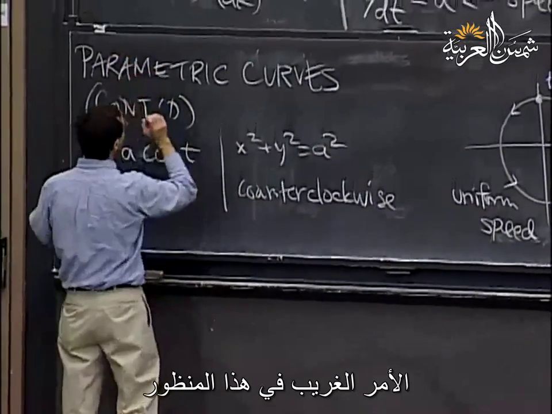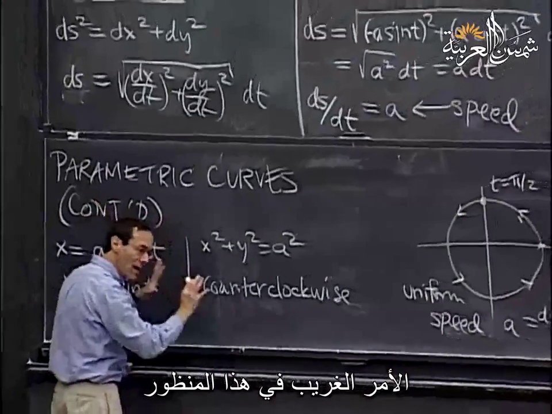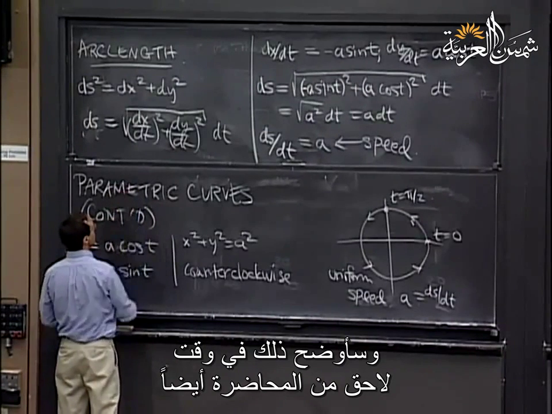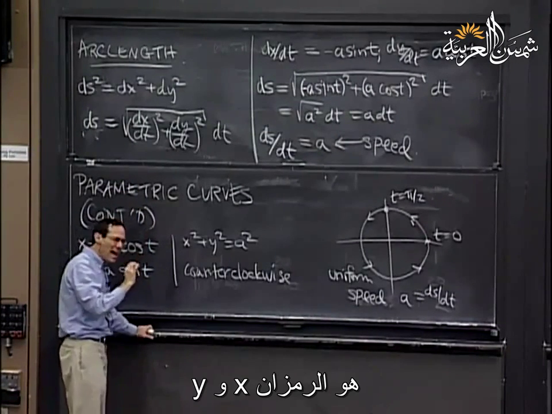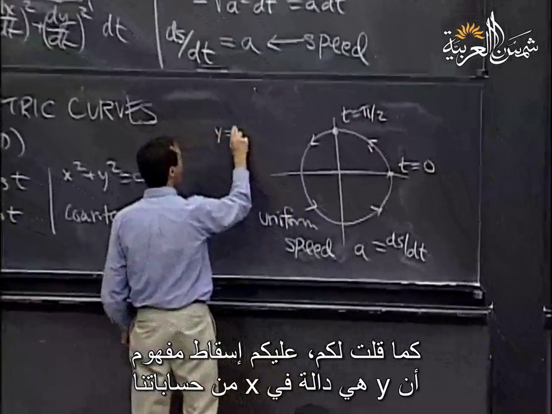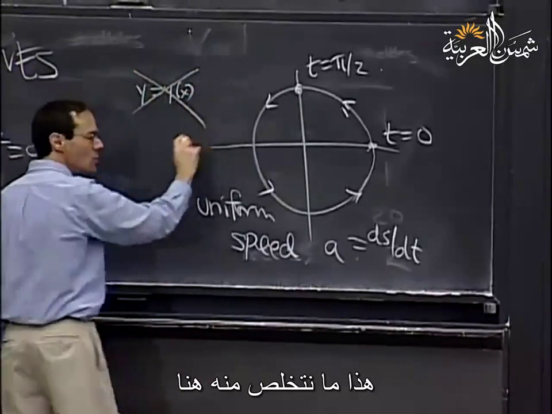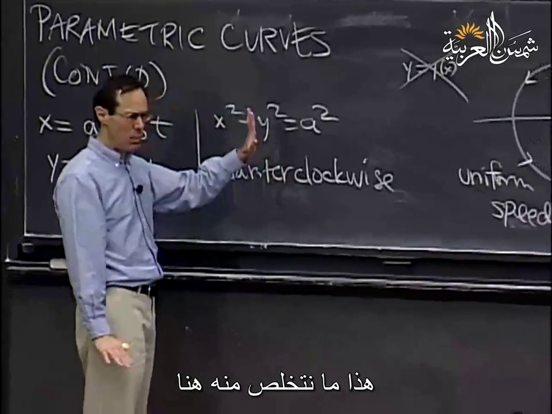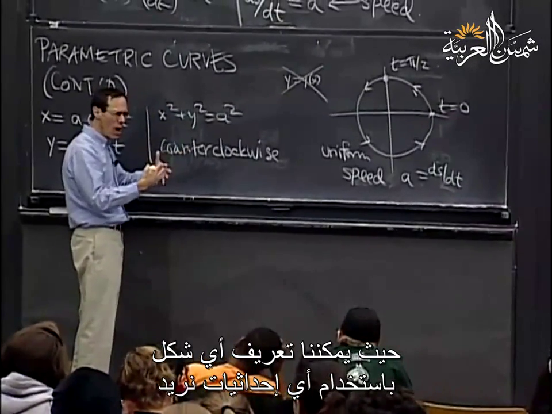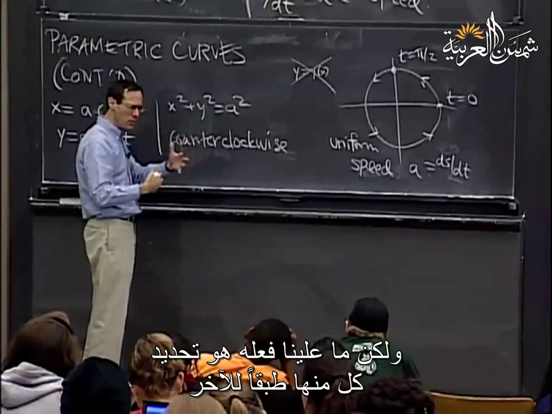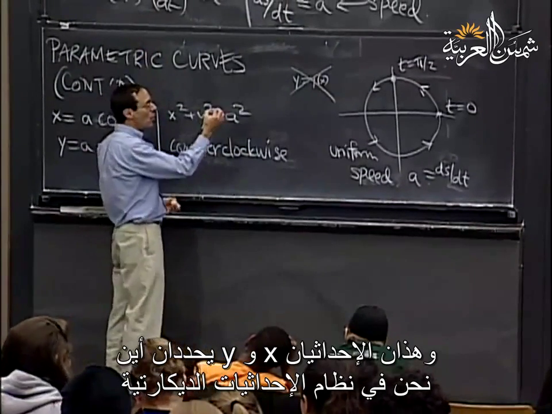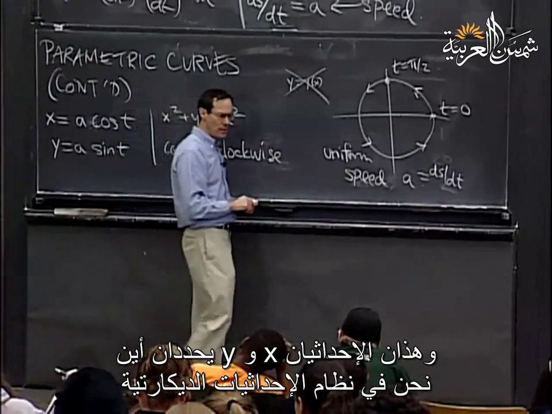And so now the thing that's strange about this perspective, and I'm going to make this point later in the lecture as well, is that the letters x and y, you should drop this notion that y is a function of x. This is what we're throwing away at this point. What we're thinking of is you can describe things in terms of any coordinate you want. You just have to say what each one is in terms of the others. And these x and y over here are where we are in the Cartesian coordinate system.